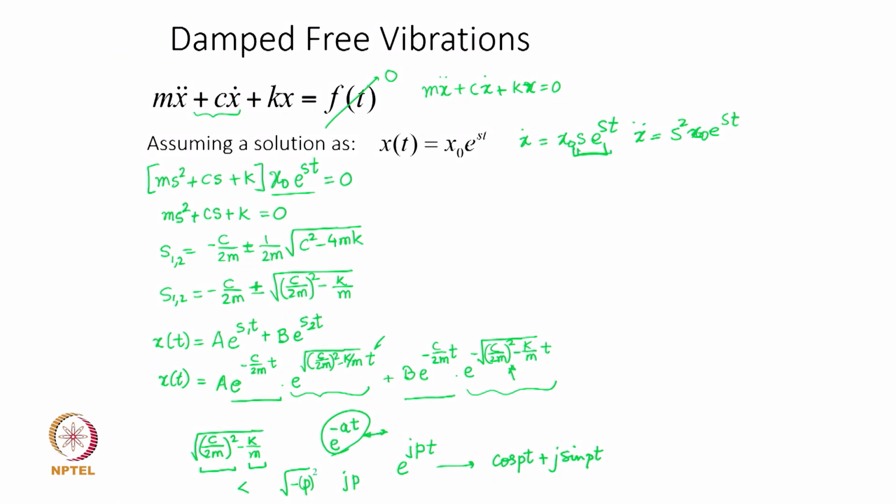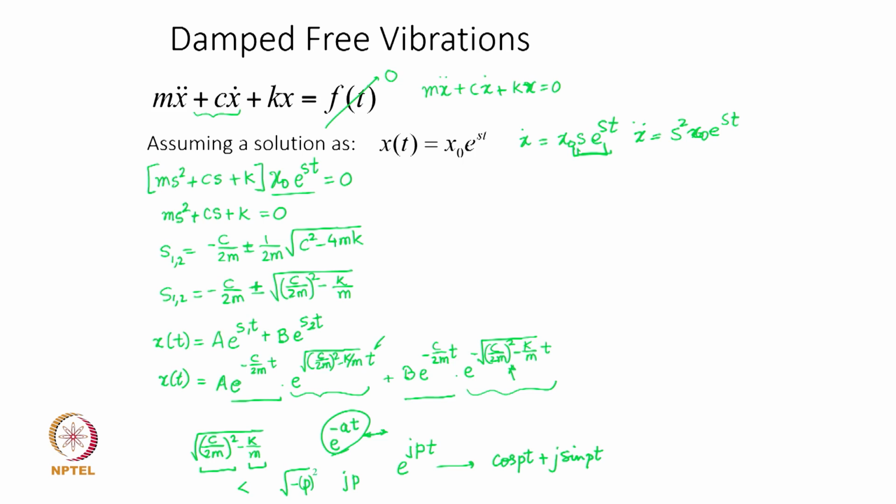The reason why I have changed this e to the power a t to e to the power minus a t is that if you club the first exponential term, e to the power minus c by 2 m t, and e to the power square root of this entire term t, the second exponential term will have the coefficient of t smaller than c over 2 m of the first exponential term.